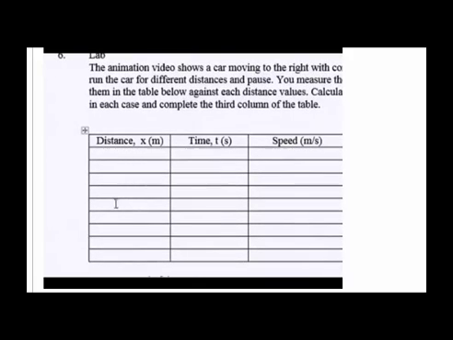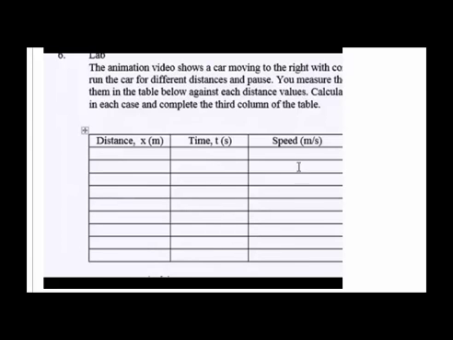Now here I have the table, and measure the time t, the time taken for the car to travel the distance x. Then calculate the speed as distance divided by the time. Now we will repeat the procedure for 9 different x values, and each time we measure the time.